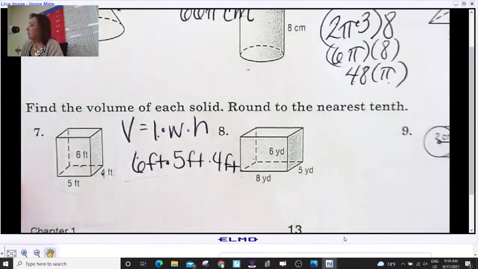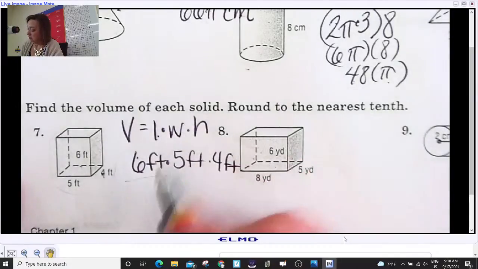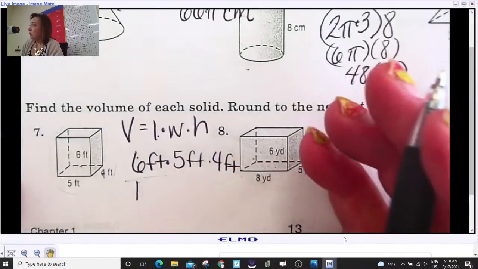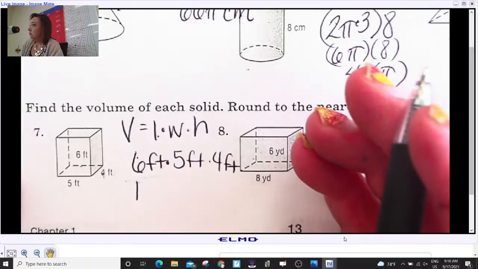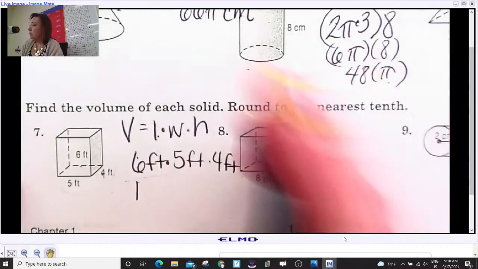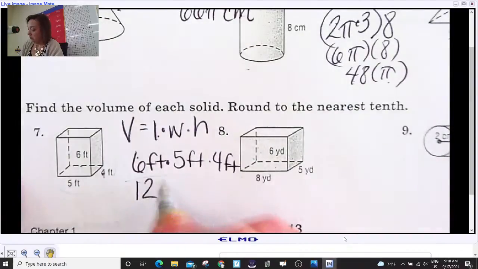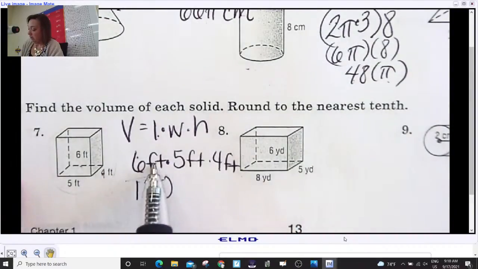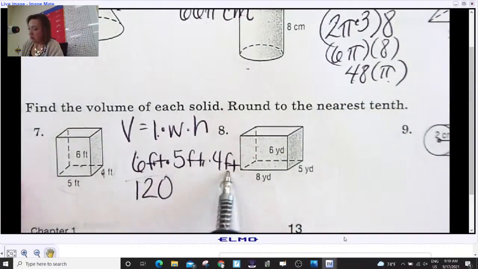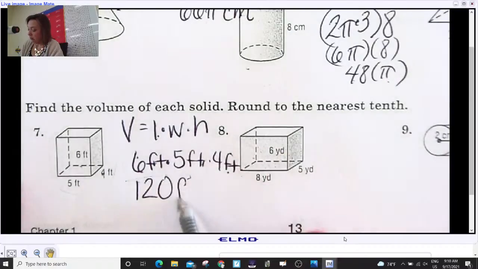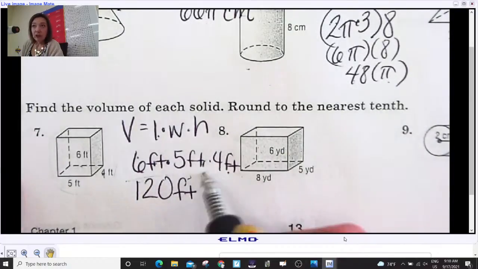I would do 6 times 5 and get 30. 30 times 4 is... What's 3 times 4? 12. Add a 0. And then we have feet times feet times feet. So what's our unit? Feet cubed. Y'all see how that works?